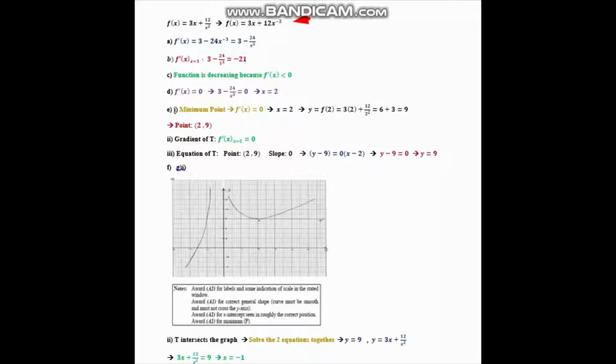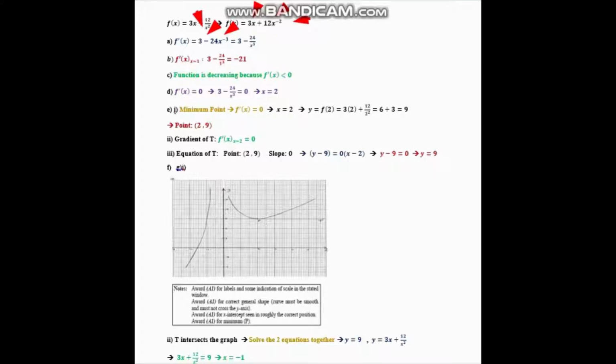I've taken x squared from the denominator and rewritten it using a negative exponent in order to help me with the differentiation. So f dash of x shall be 3, the derivative of 3x is 3, and the derivative of 12x to the negative 2 shall be negative 24x to the negative 3. I reduce the power by 1.